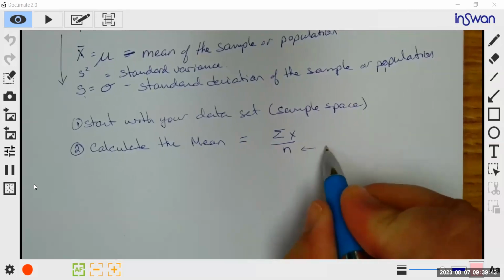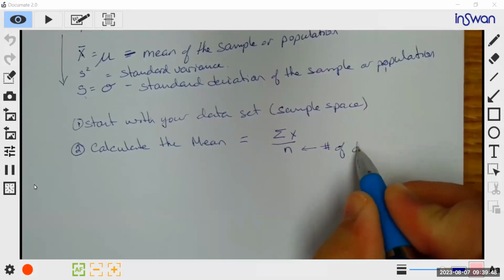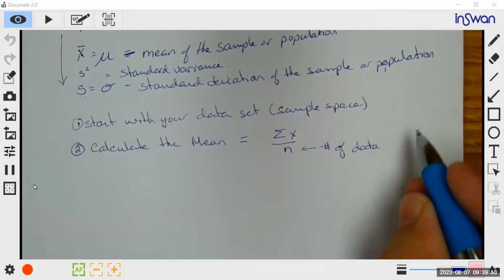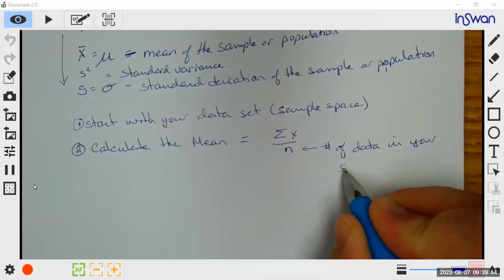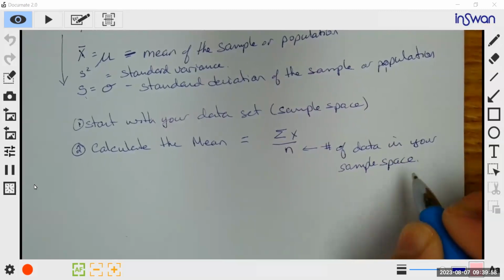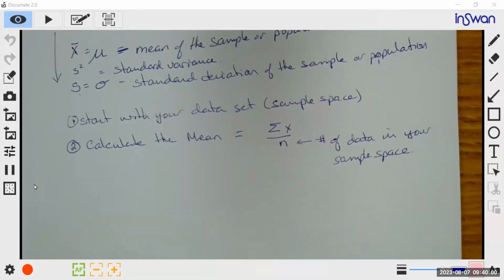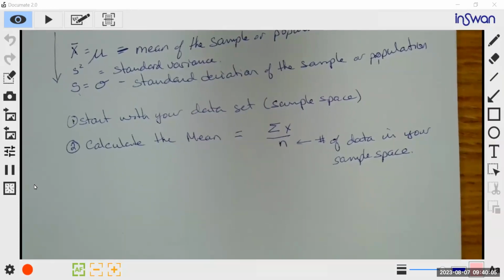Where n is the number of data in your sample space. We call n a cardinality.